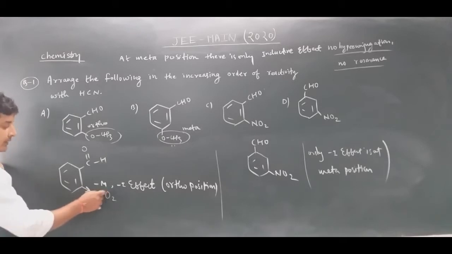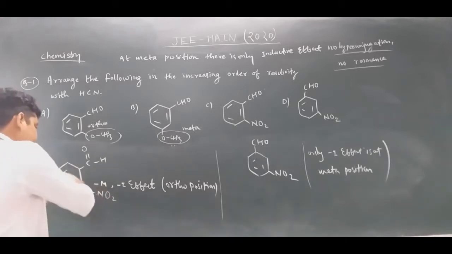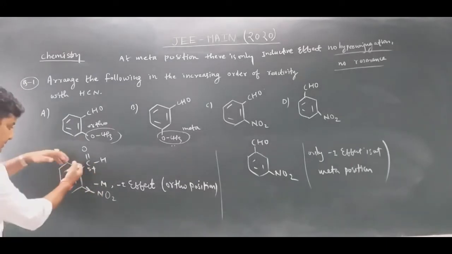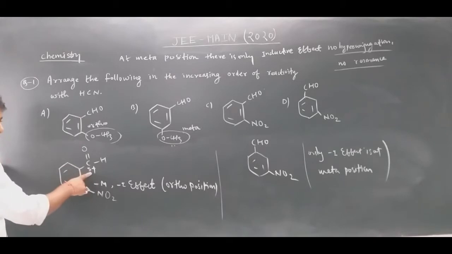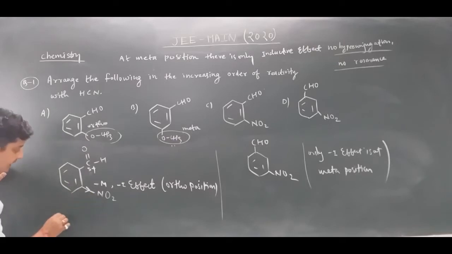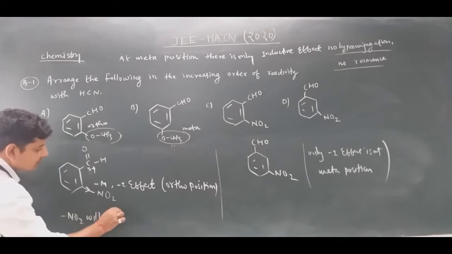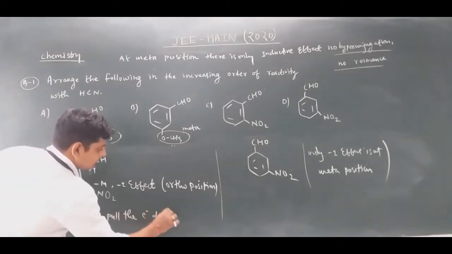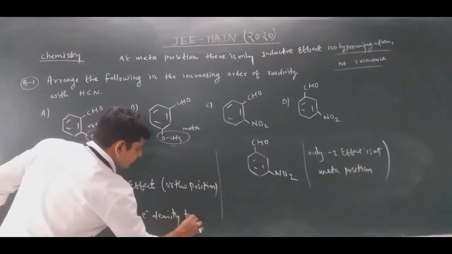NO2 will pull the electron density towards itself, and when it pulls the electron density towards itself, the partial positive charge on the carbon increases. See here.